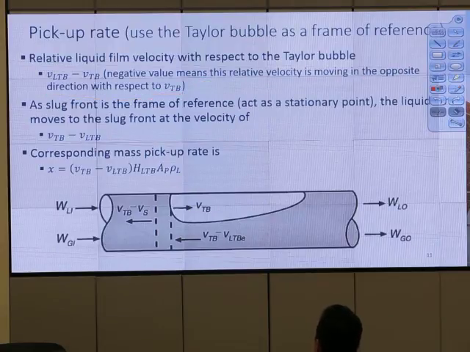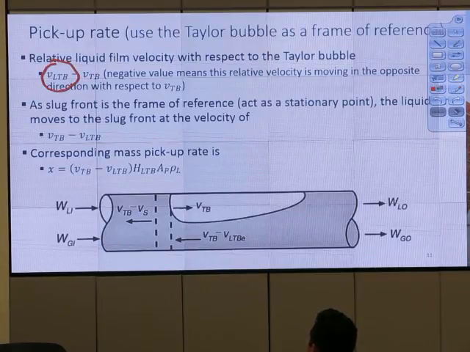I ask myself how quickly that fluid particle in the film moves backward. If I move at the speed of the Taylor bubble, it will move backward at the speed of the relative velocity, right? If I want to consider the sign, then I use the speed of the fluid particle minus the speed of the frame of reference.